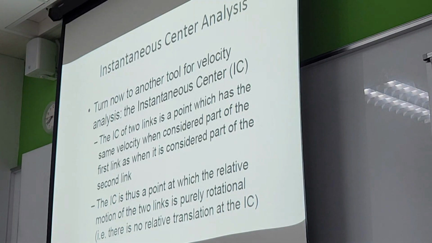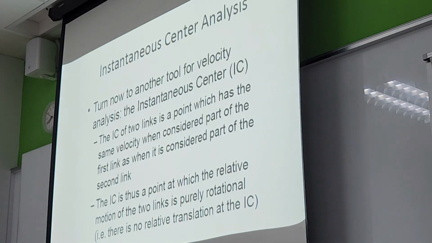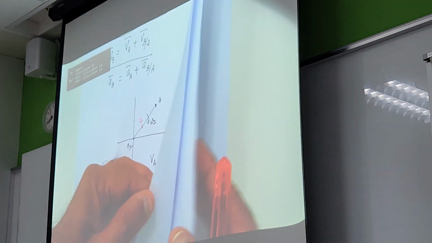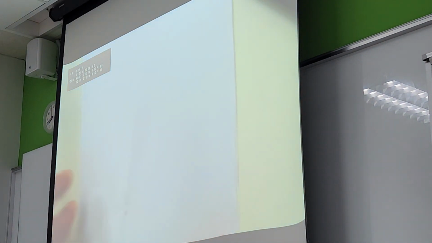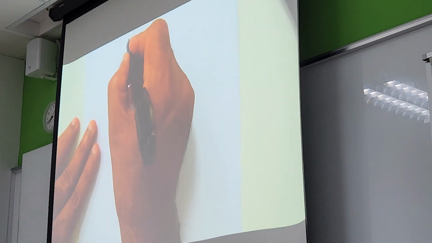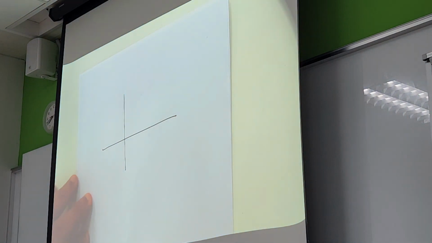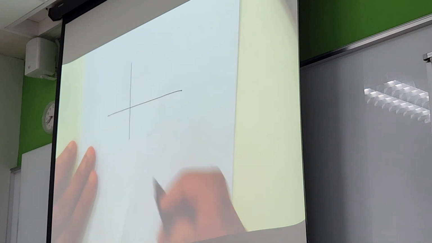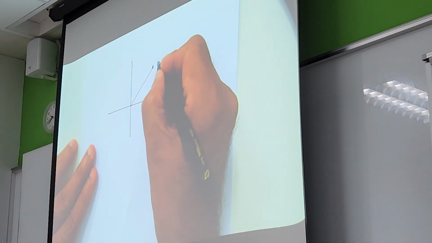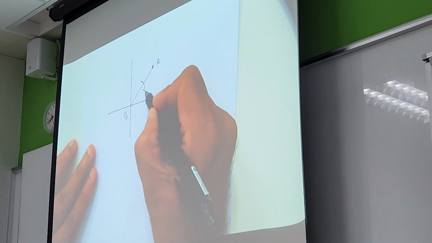Alright, so next we can move on to the instantaneous center. The theory part is quite simple. So the basis for the instantaneous center: if you take a single link in rotation, okay, so we take O2A, this is in rotation.